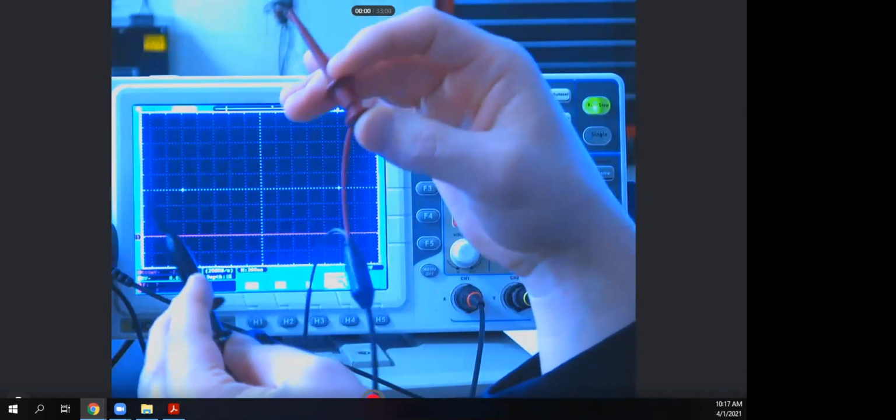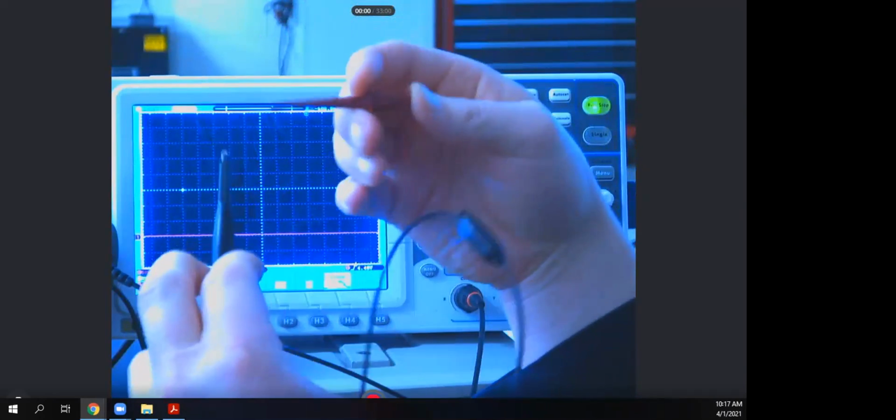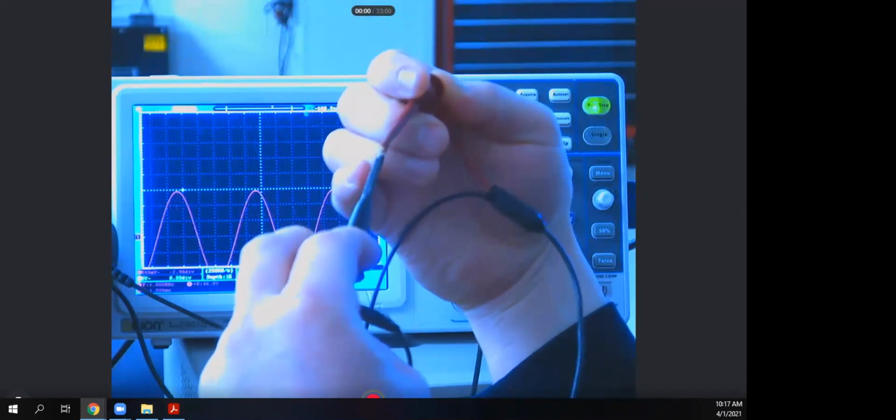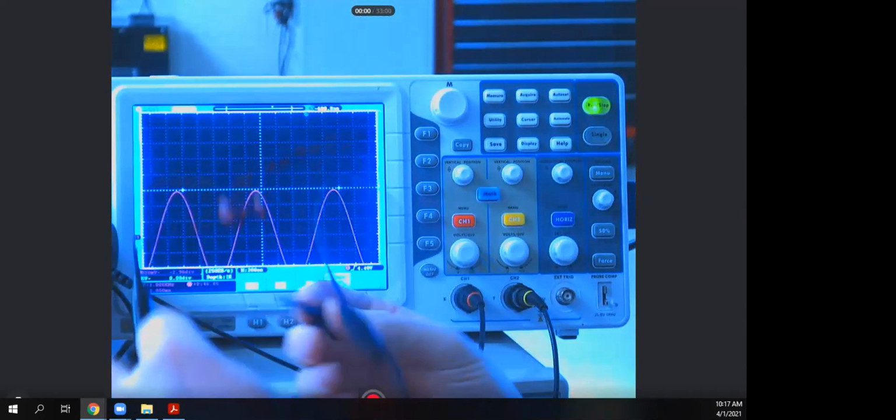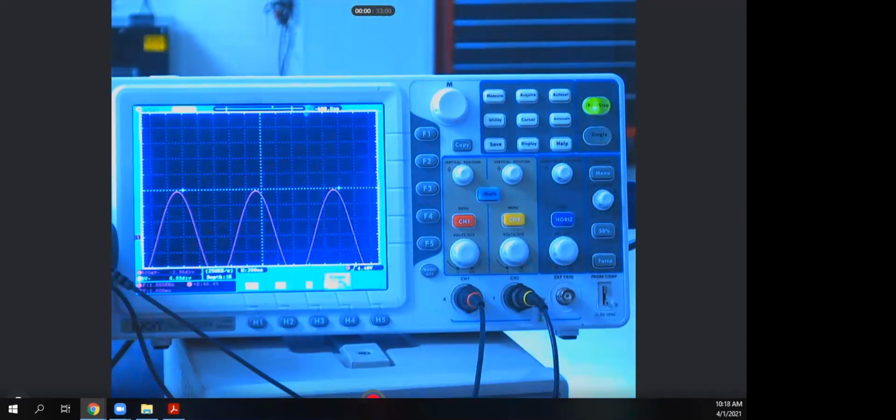This is my function generator, this is my scope, positive to positive, and common to ground. Ooh, look at that. We got a sine wave. Whoop, whoop. Who's excited?